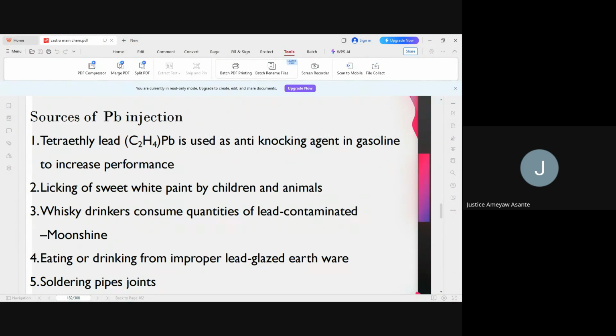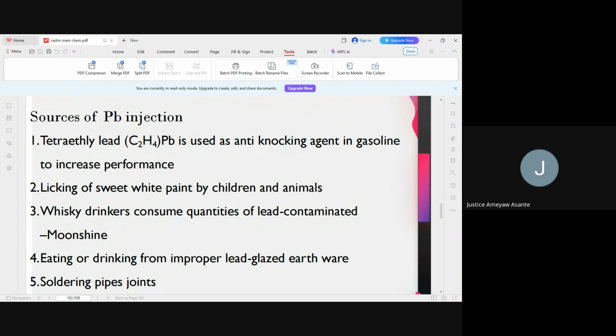Licking of sweat, white paints by children and animals. So how can we ingest lead into our body? We can ingest lead into our body through petrol. Don't you see that some people, when their car runs short, or the mechanic, when they are repairing their cars, the engine is not starting or the pump is not functioning very well, you just suck some of the petrol into your mouth.